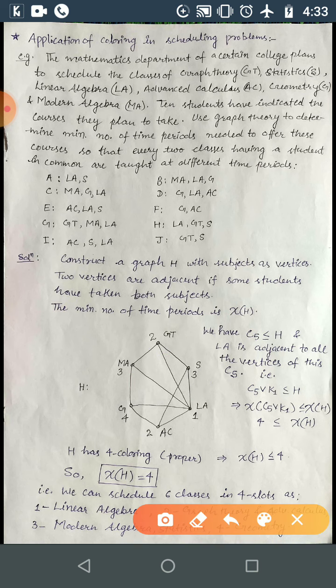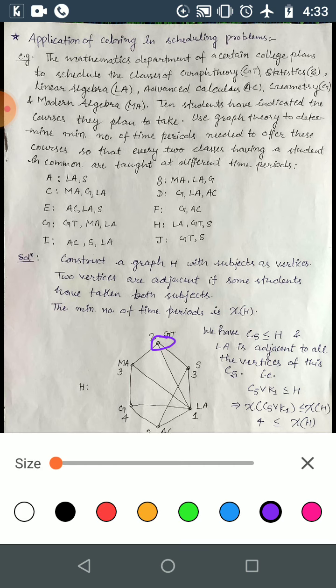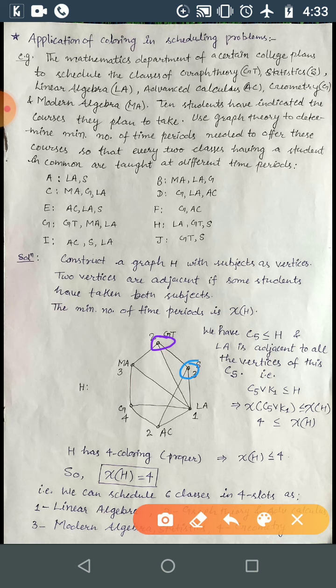So if we color it using different colors, then there will be different time slots, okay, different time slots and different colors. So here the minimum time we need to teach these subjects, that is the minimum colors we need to color this graph, correct.